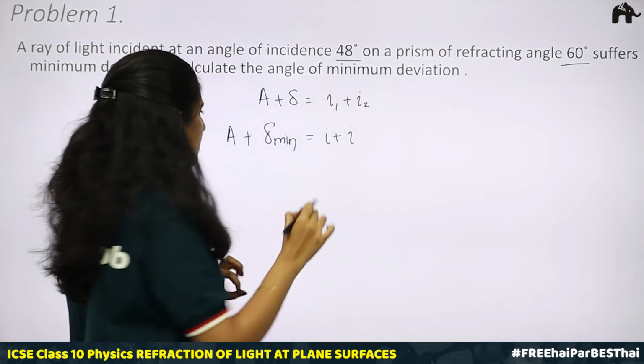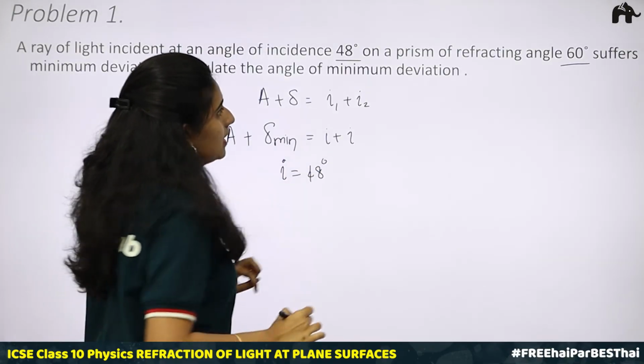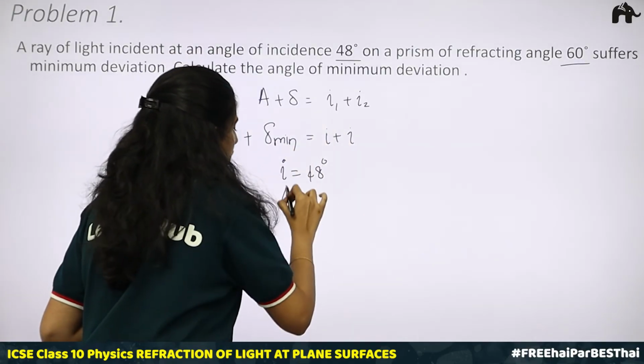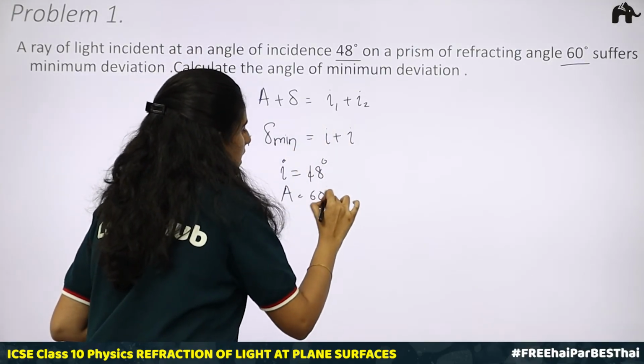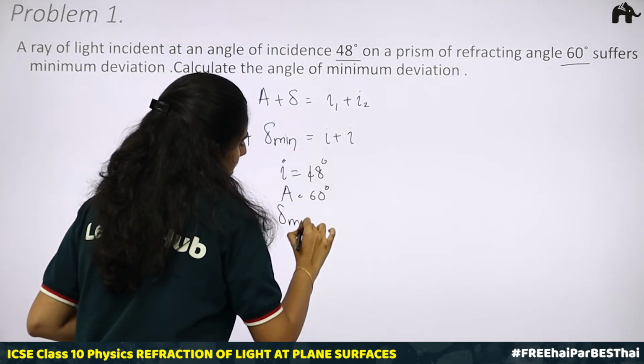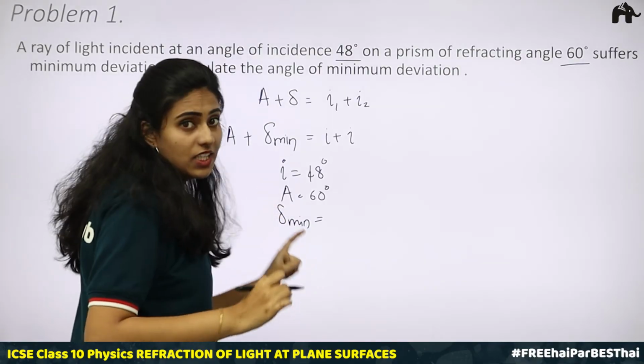Here, what is given? The angle of incidence is 48 degrees, and the prism of refracting angle, which means the angle of prism, is 60 degrees. How to find delta minimum, that is the angle of minimum deviation?